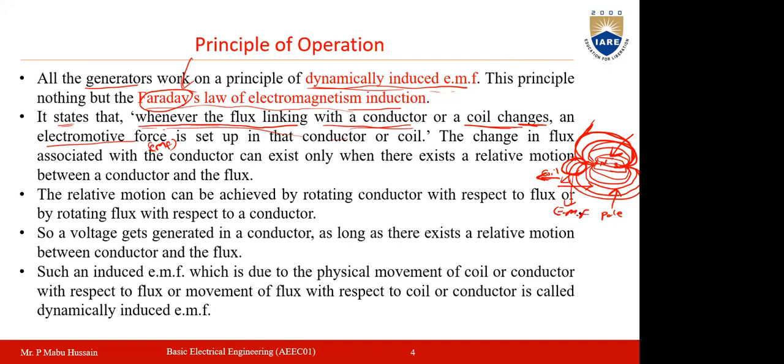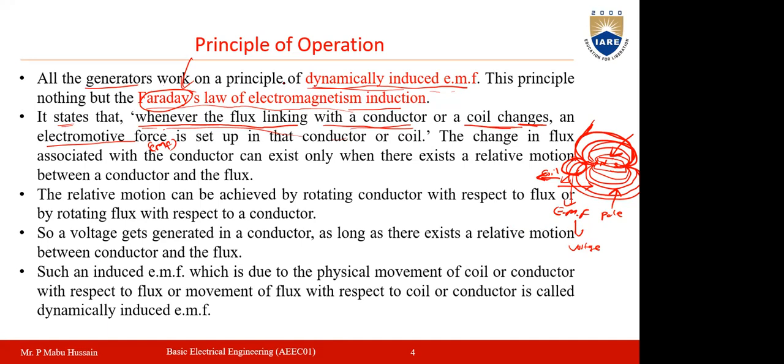If you take a single conductor and move it inside the magnetic field, he observed that some EMF, which is nothing but voltage, is developed in the conductor. If you close that conductor, then current will flow.